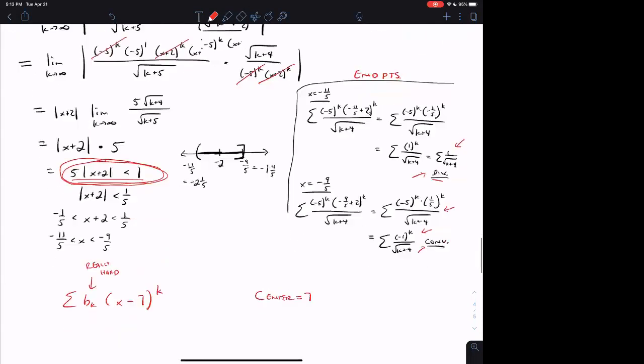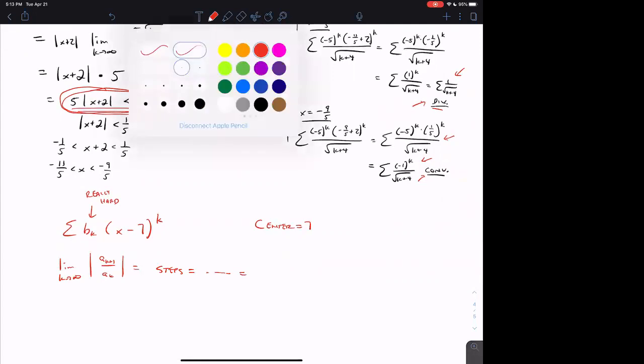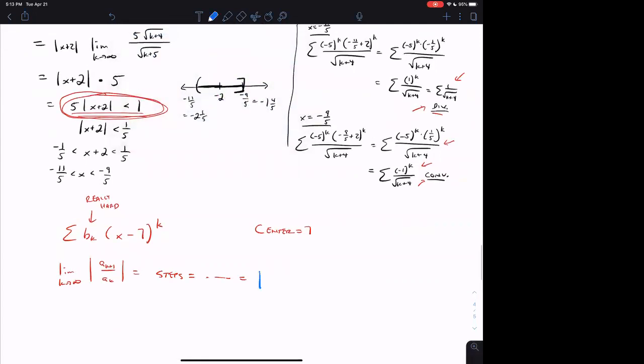And then you would do the ratio test. So you do the limit as k approaches infinity of the absolute value of a_(k+1) over a_k, and then you do lots of steps, and then let's say you get the absolute value of x minus 7 times the limit as k approaches infinity of k over k squared plus 2.